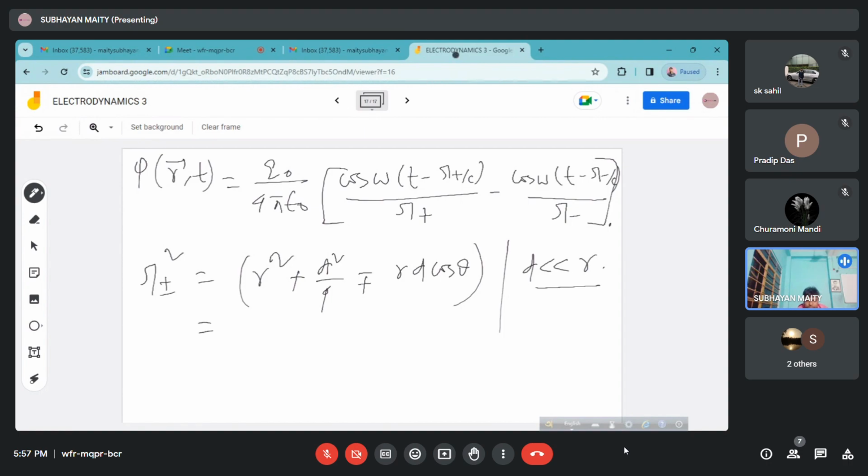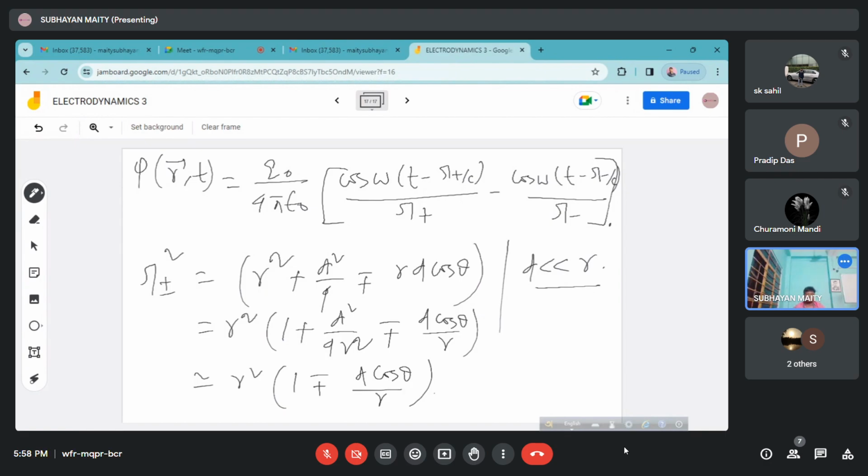If you take r square as common, it will be 1 plus d square by 4r square minus plus d cos theta by r. So this is nearly equal to r square times (1 minus plus d cos theta by r). So r plus minus square is equal to that.